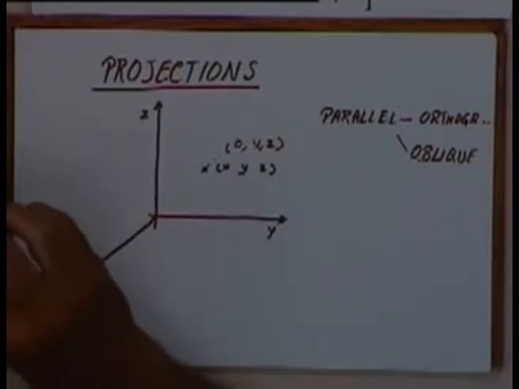Do you know the difference between orthographic and oblique projection? How do you define an orthographic projection? Three perpendicular planes. The projection takes place on the three perpendicular planes. Isometric projection, is that an orthographic projection?